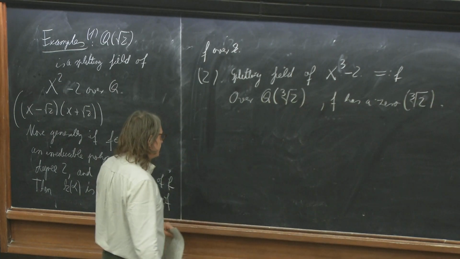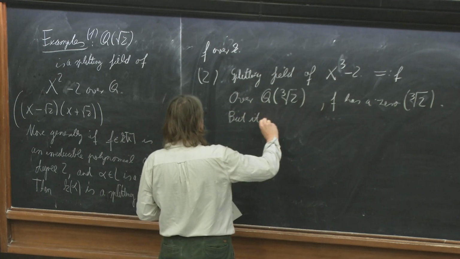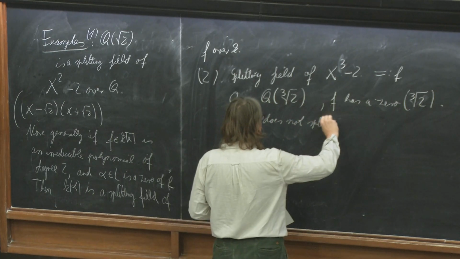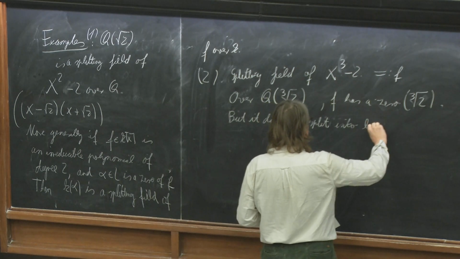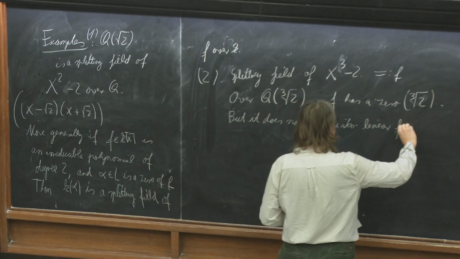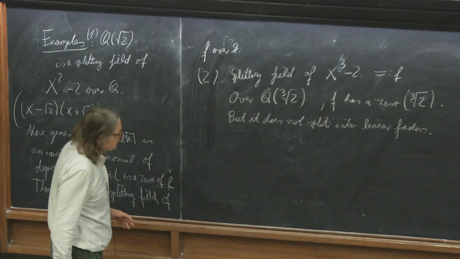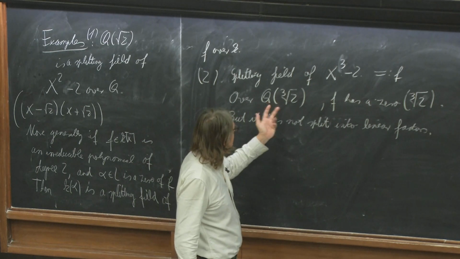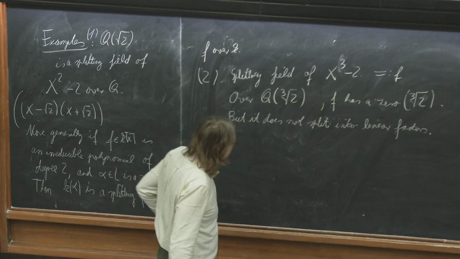But it does not split into linear factors. You can see easily that any other zero, for instance, over the complex numbers of this polynomial, cannot be real.